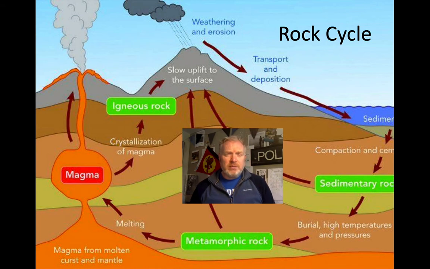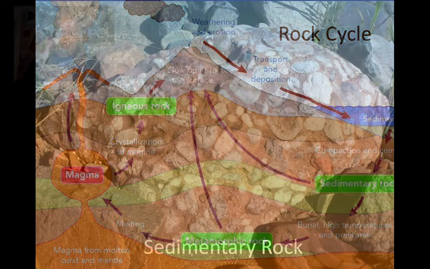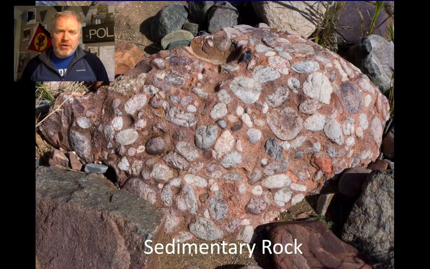The rock cycle are the connections between geological processes, how one rock can change into another. Sedimentary rock is a rock that's made of recycled rock, fragments of pre-existing rock, like the pebbles that you can see cemented together to make this particular example.